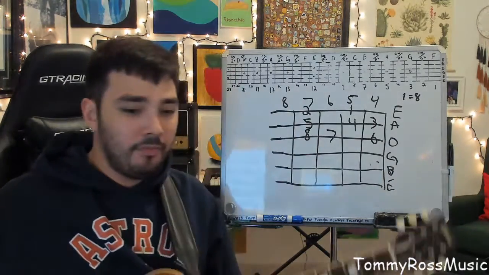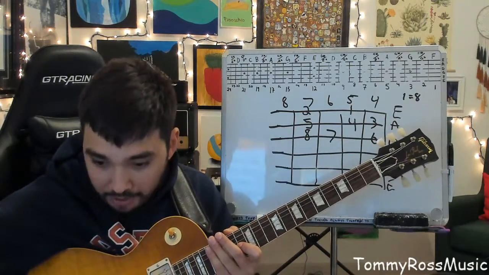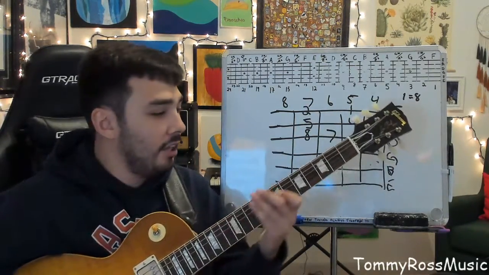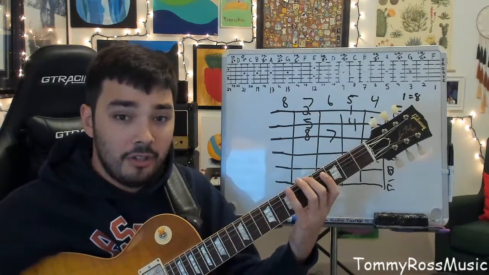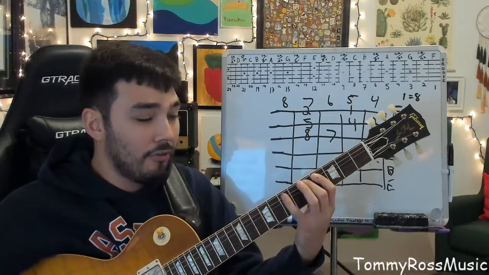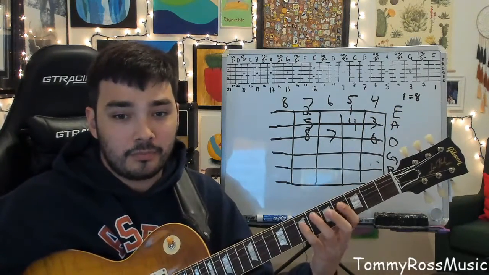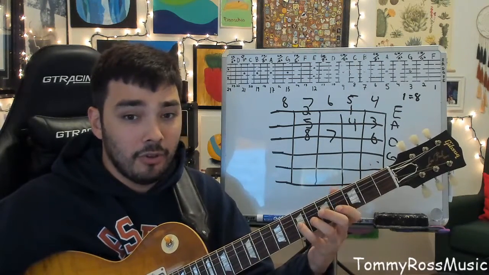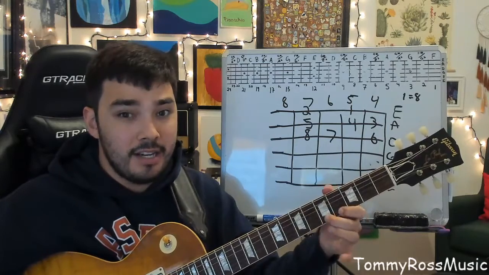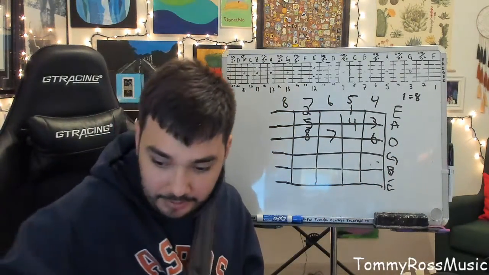Now, if you know the major scale in shape 1, position 1, you know that you can go beyond just those 8 notes and play the second octave. So you'll have 1, 2, 3, 4, 5, 6, 7, 8, which is what I've drawn out, but we can play it again, 1 through 8. If you don't know that, I'll draw it out really quick.